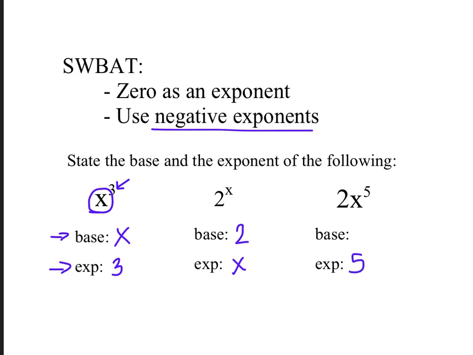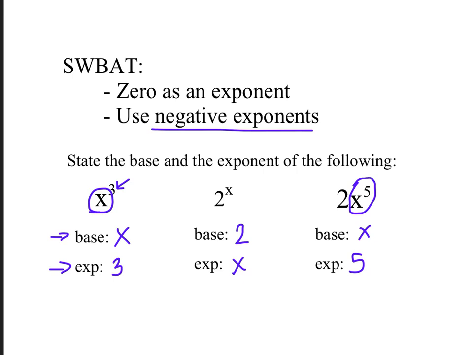But it's not raising the 2. Because there's no parentheses, the base is only x and the exponent is 5. So be wary of that. If there's no parentheses, then we know that the base is only the very first thing connected to that exponent.